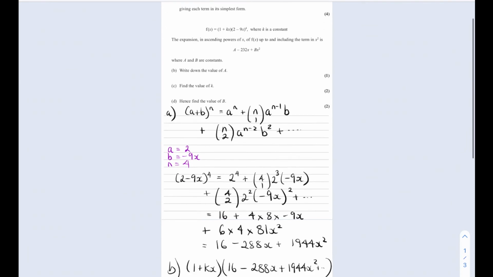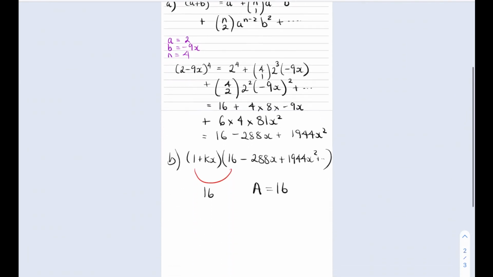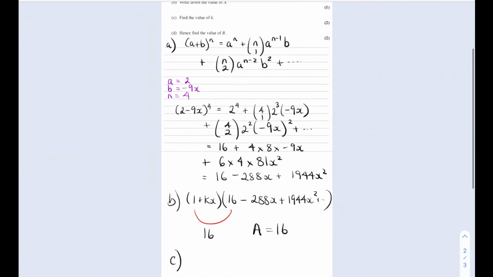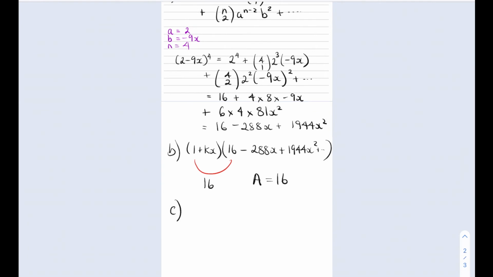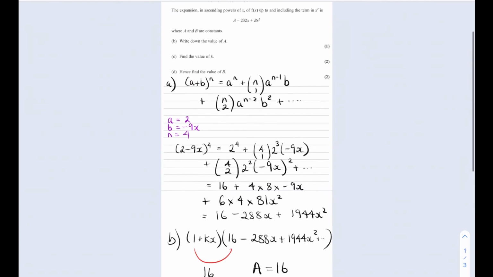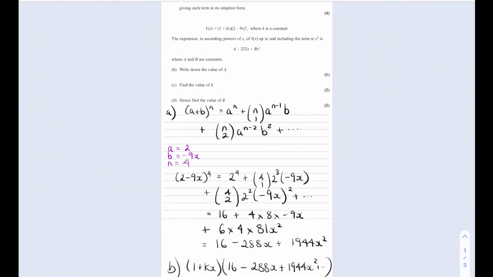I'm also asked in part B for the value of k. It's worth 2 marks. Sorry, did I say part B? Part C, rather. Find the value of k. Now, this isn't as straightforward because, as you can see in the question, I need to make minus 232x by expanding this.